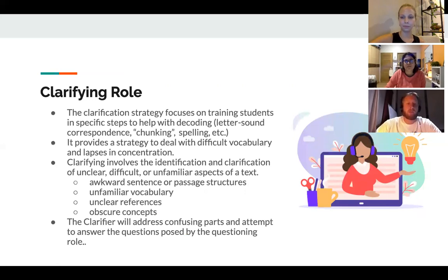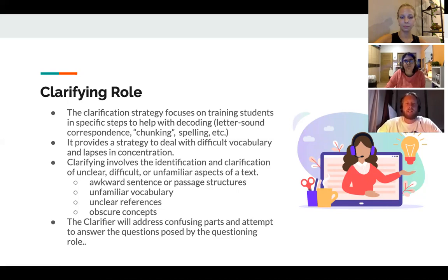The second role we're going to go over today is the clarifying role. The clarification strategy focuses on training students in specific steps to help with decoding. That's going to be your letter sounds, your correspondence, your chunking, your spelling. With second language learners, it's especially big when you think about the words that all sound very similar, like sell, cell, and sale.